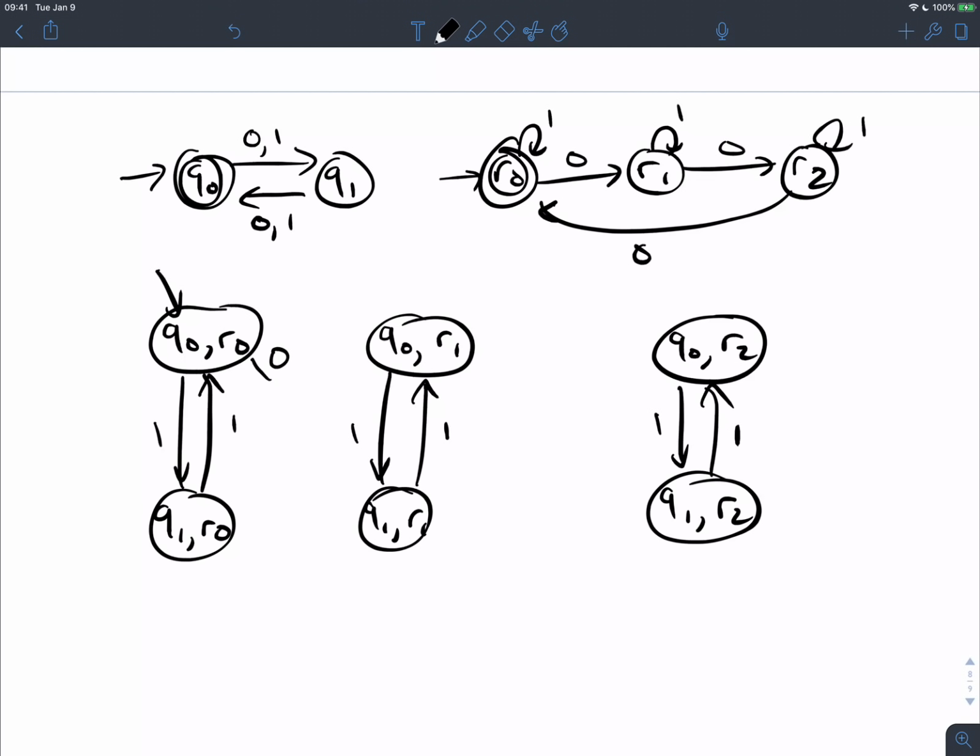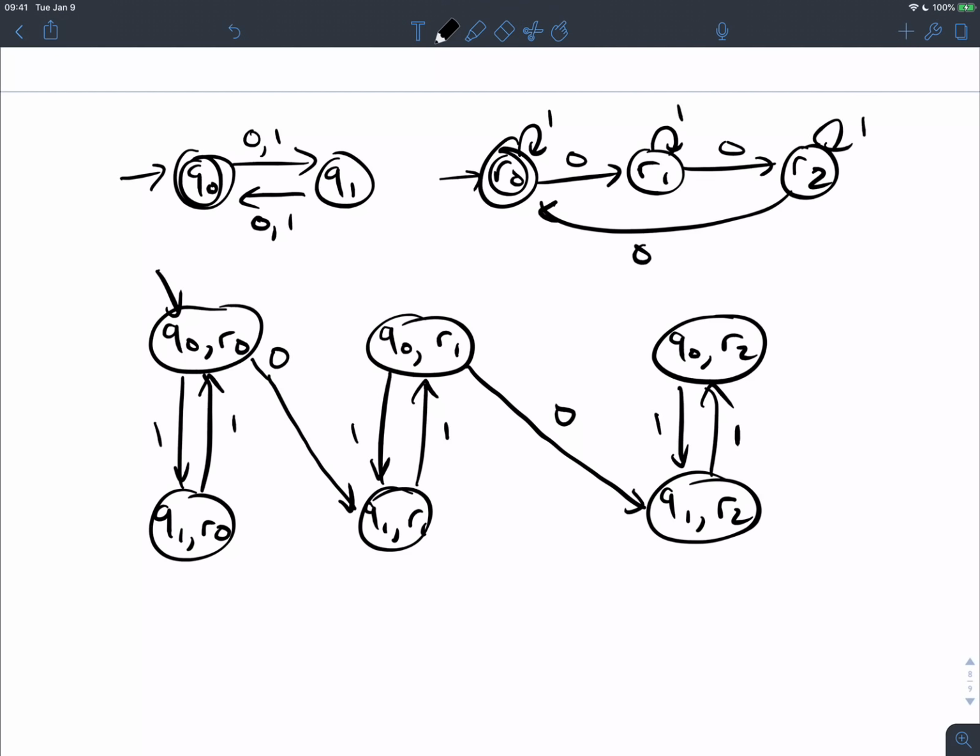So Q1R1. What about Q0R1? Can you predict what's going to happen there? Well, it's definitely going to go to Q1's row. From R1, where does it go on 0? R2. So in fact, it's going to do this analogous thing by moving a column over.